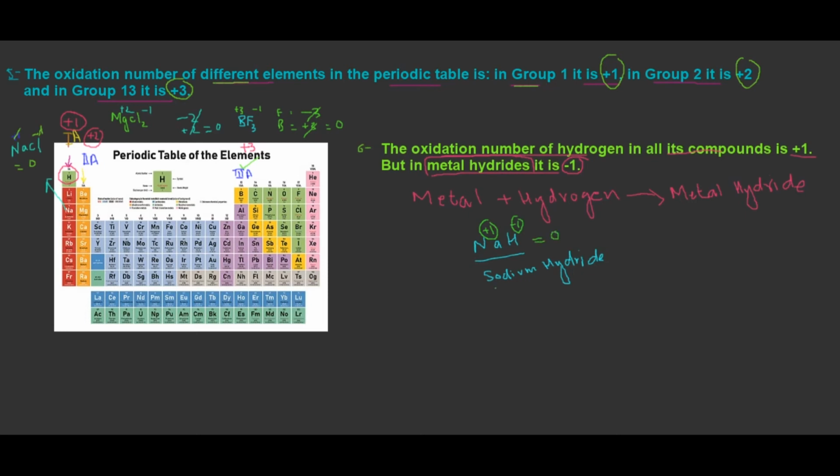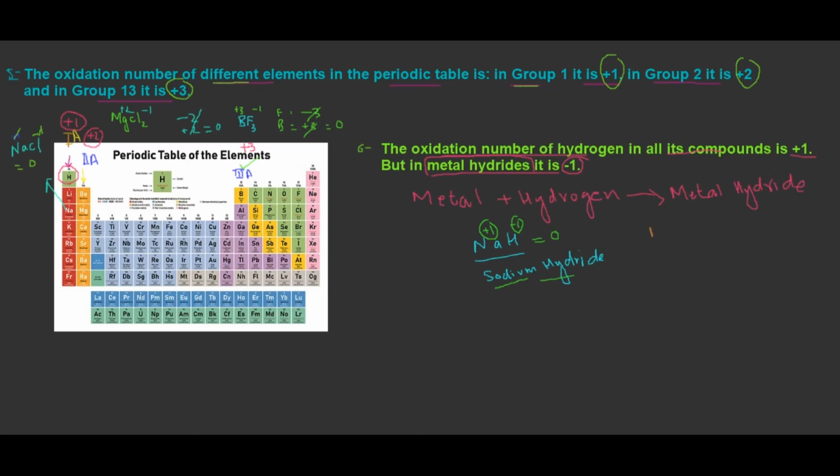So keep in mind that whenever hydrogen binds to metals, the compound so formed would be a metal hydride. Particularly in the case of sodium, it would be sodium hydride, or if it bonds with any other metal, that would be a metal hydride.